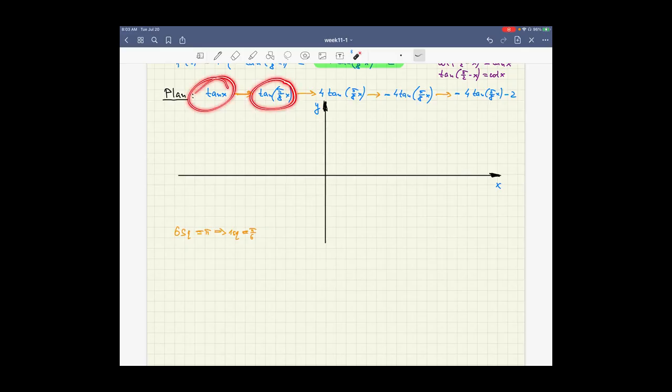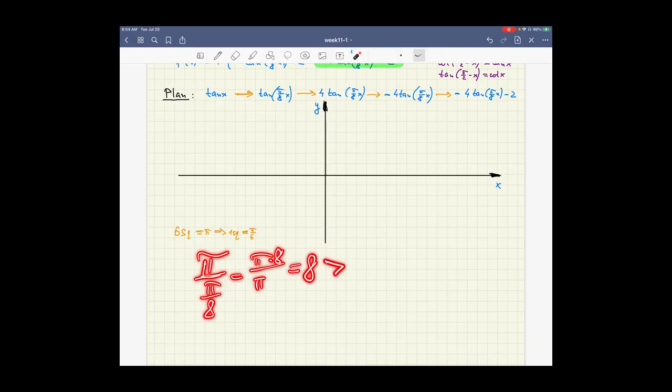How does the graph of this guy differ from this guy? Well, the period changes, right? The period of this guy will be 8. So instead of period pi, we will get period 8, which is a lot greater. So our function slows down quite a bit, which is not surprising because pi over 8 is a lot less than 1.